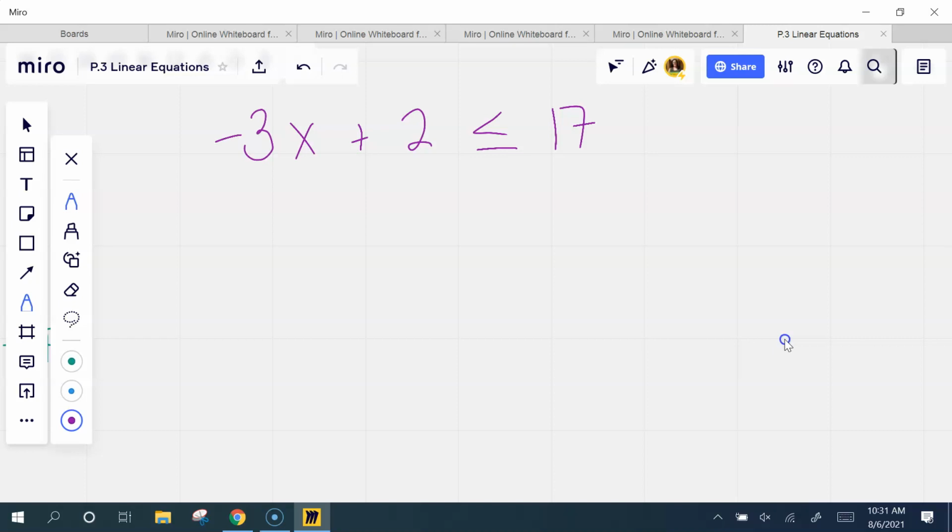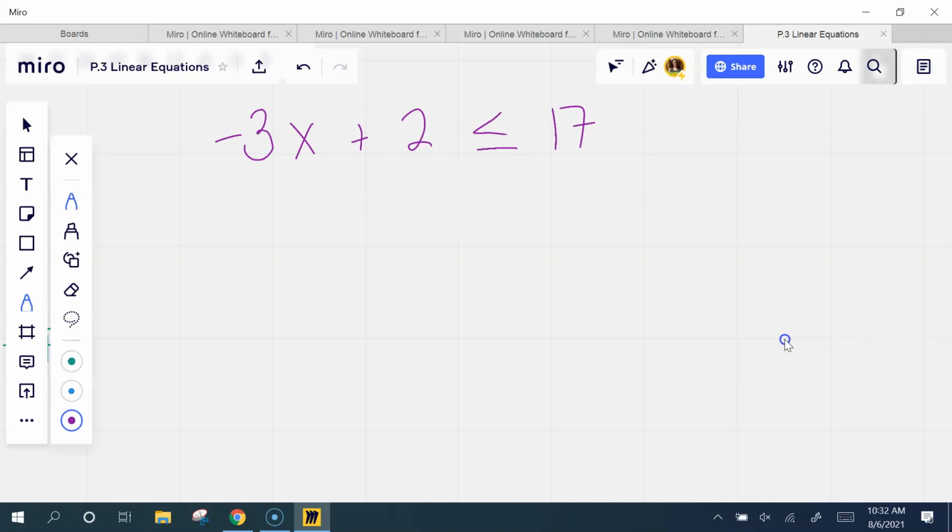You solve it the same for the most part, except if you multiply or divide by a negative, that sign changes. And the reason I really want to hit this is because I want us to review some interval notation. Do y'all remember interval notation? Where we did the domain and the range in interval notation with the brackets and parentheses.